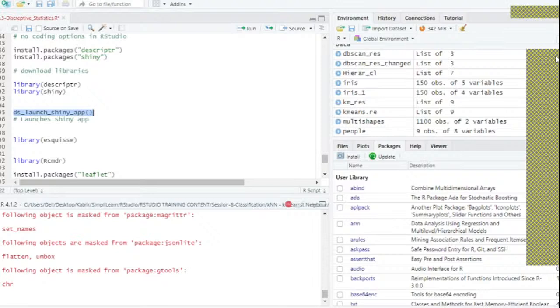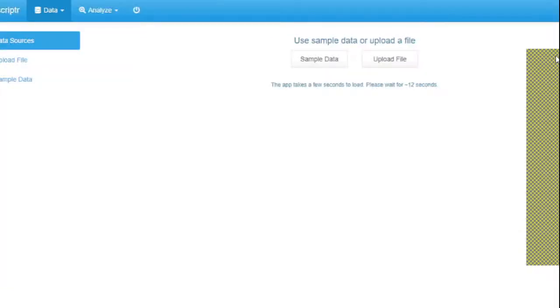No one got it other than Arush? How many of you got this window open?